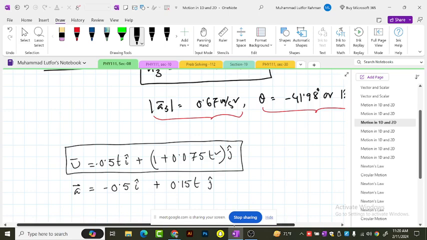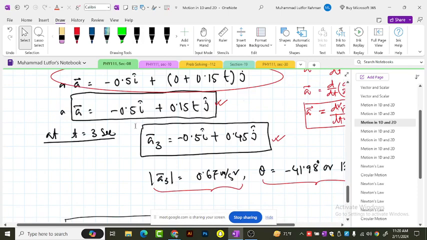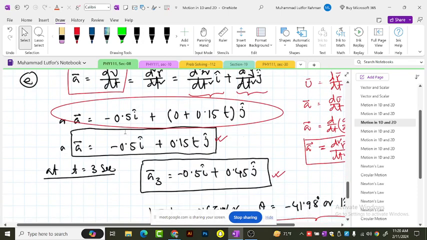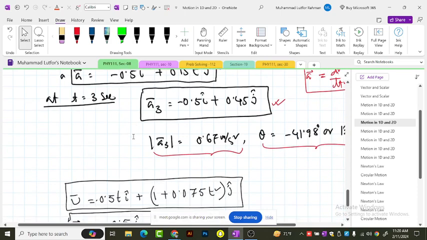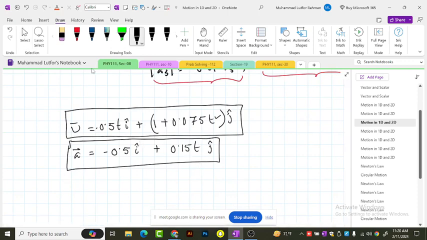So now look at this function. For acceleration, the x component is independent of time, but the y component is dependent. That's why it's 0.15 t. All right. Yes, sir.